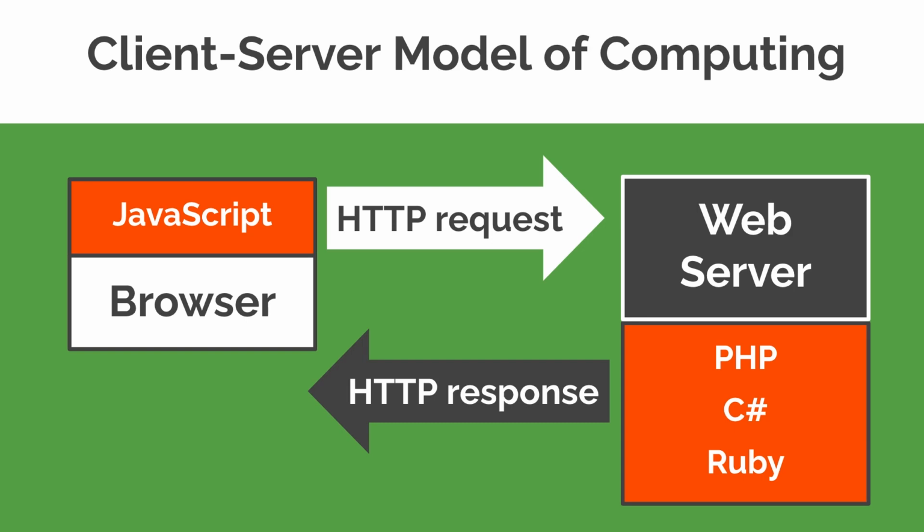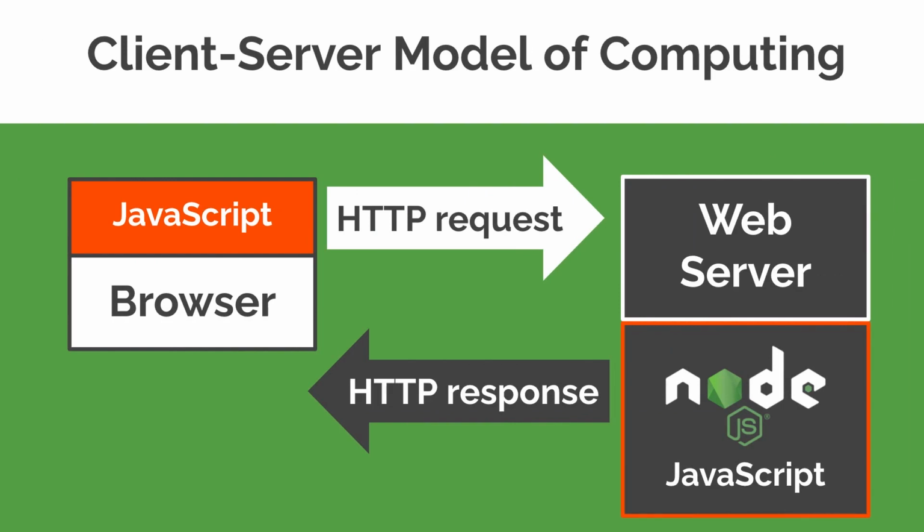You could create a web server in C#, for example, which is another programming language. But with Node.js, it allows everything to be done in JavaScript. So the browser, the front end of your website is written in JavaScript, and so is your web server. And that's the other benefit of Node.js, among all of its benefits, is that it allows you to work with JavaScript both on the front end of your website and on the back end of your website.